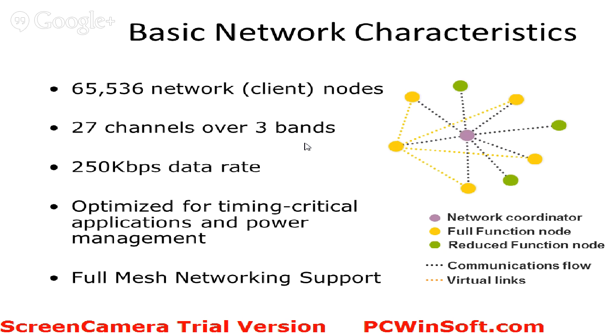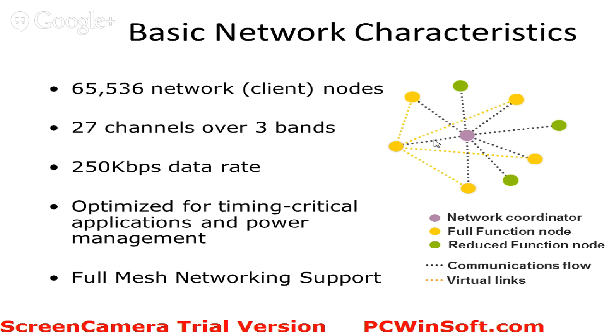Typical data rate in the 2.4 gigahertz band is 250 kbps. ZigBee is optimized for time critical applications and power management. So naturally the design drivers are low latency and low power consumption. It provides full networking support.